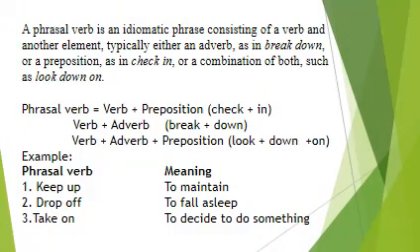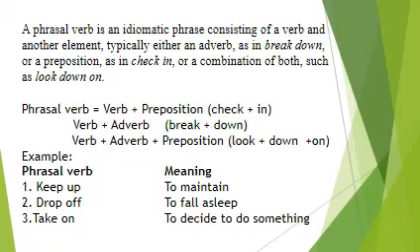The next item is phrasal verb. A phrasal verb is an idiomatic phrase consisting of a verb and other elements. That is, a phrasal verb is a combination of a verb and other grammatical classes.